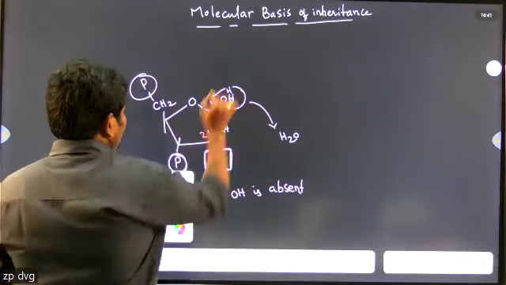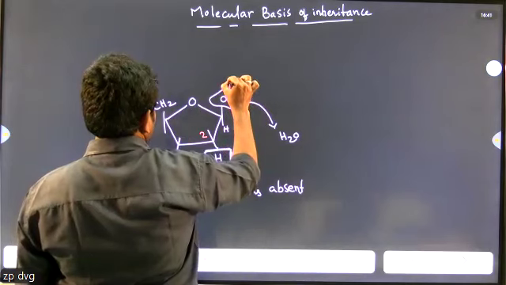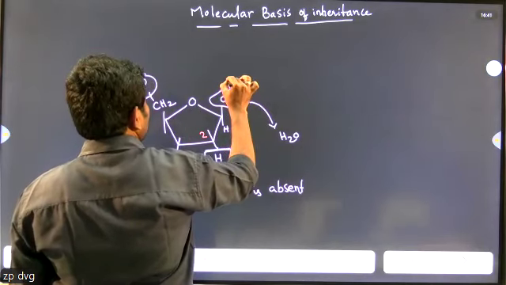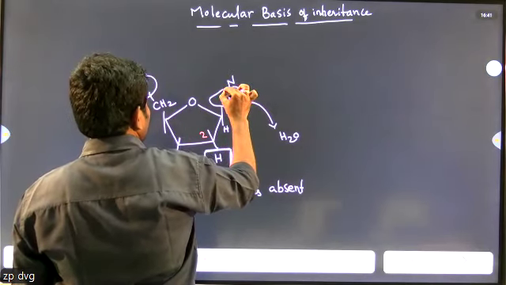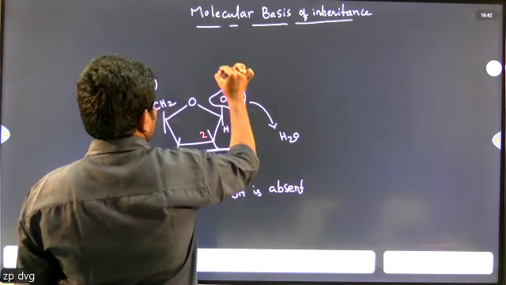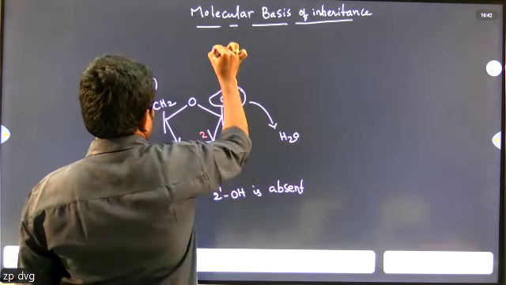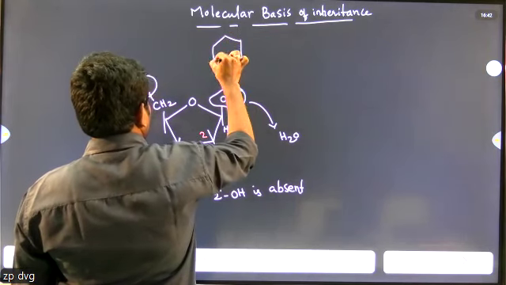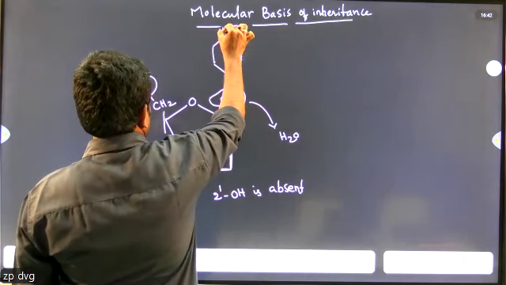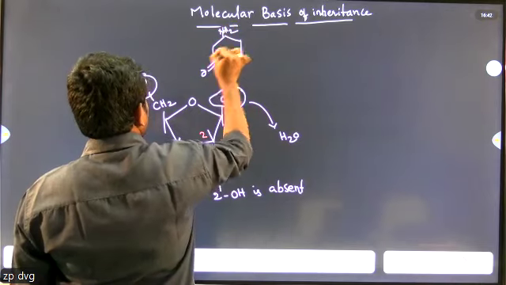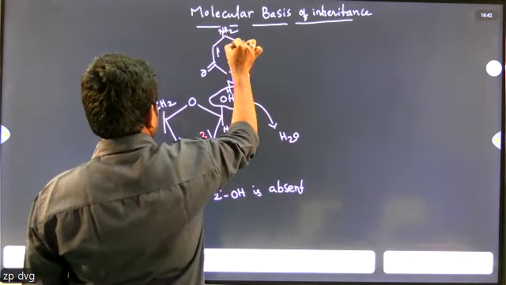Then this OH group is replaced, and this nitrogen, this hydrogen, and here another, this is NH2, and this is cytosine, right? So this cytosine is like this.